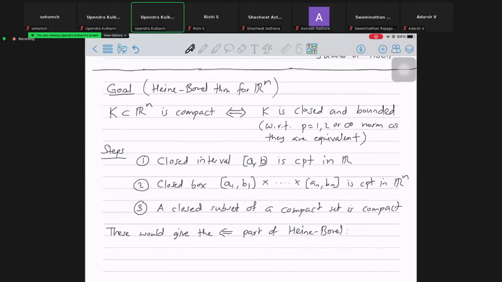So let us say, assuming steps 1, 2, and 3, or rather just 2 and 3, because 2 builds on top of 1. Can you show me now that K must be compact?